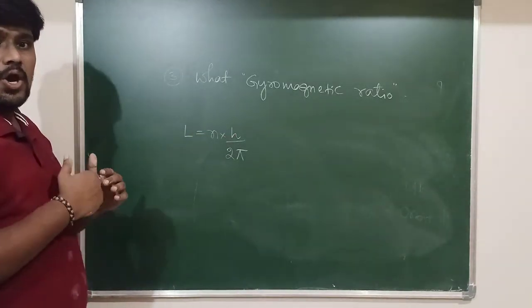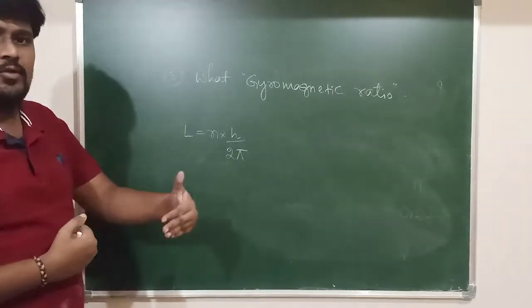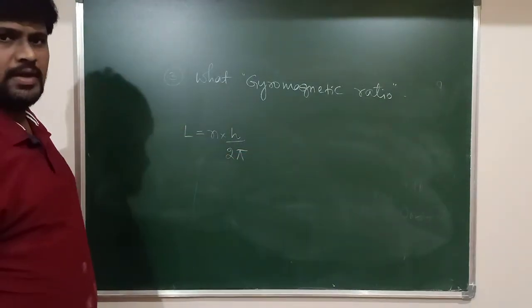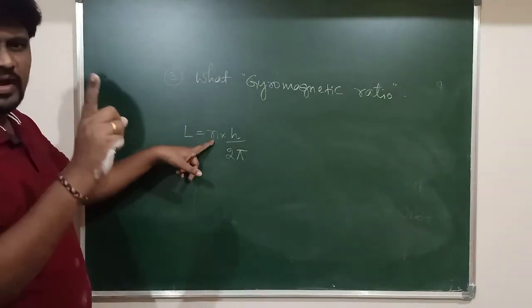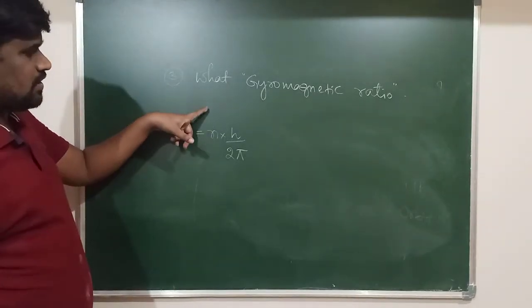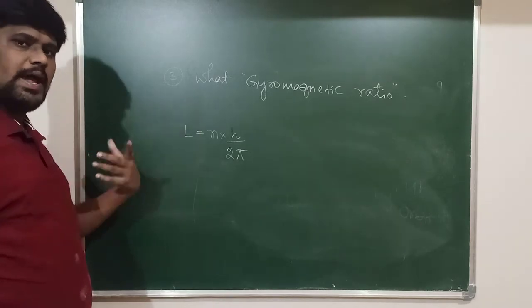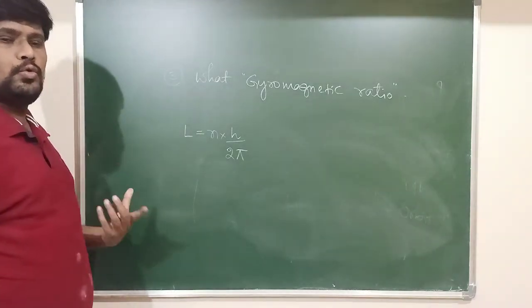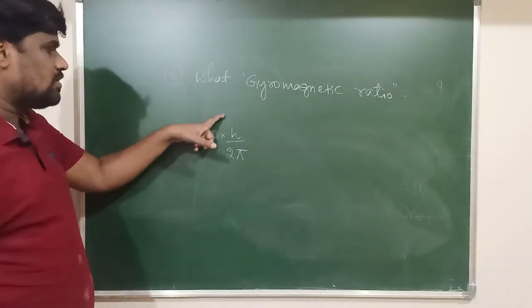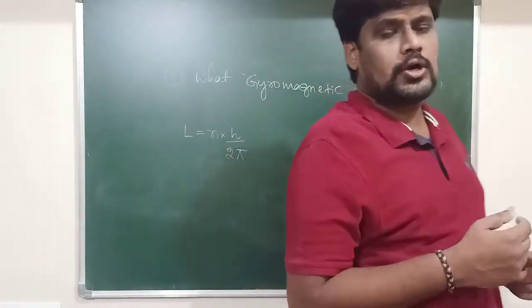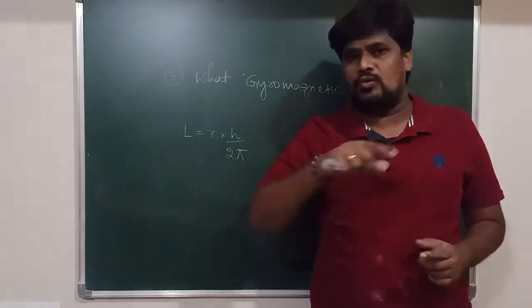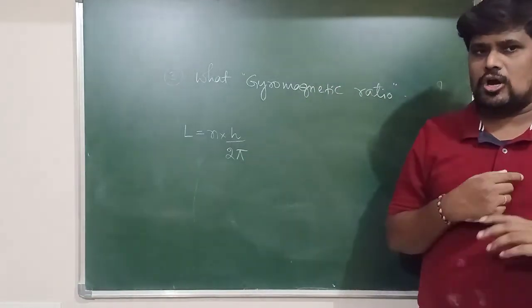N is the orbit number at which electron is revolving. If the electron is revolving in first orbit, the value of n is equals to 1. If it is revolving in the second orbit, the value of n is equals to 2. So this is the formula which is used to calculate the angular momentum of the electron which is revolving around the nucleus in a circular orbit.